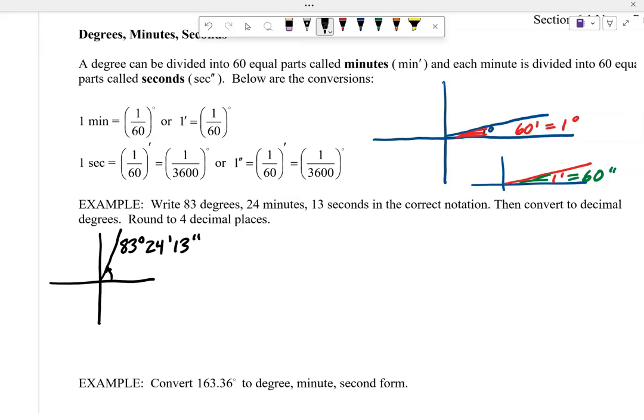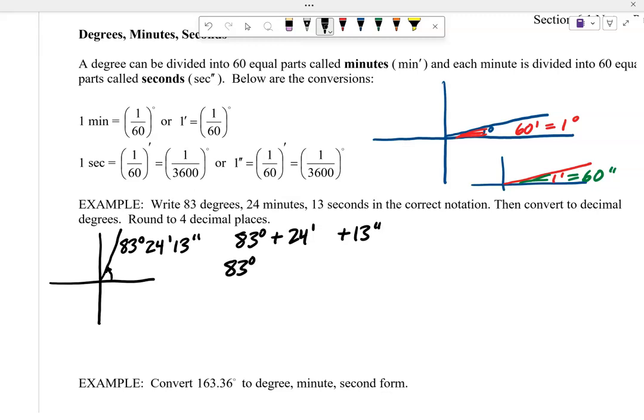We're going to convert it to decimal degrees. So here's what we have: 83 degrees plus 24 minutes, which we're going to convert to degrees, plus 13 seconds, which we're going to convert to degrees.